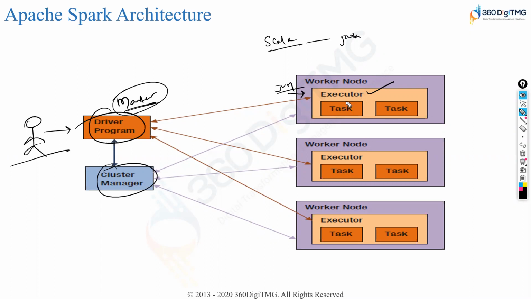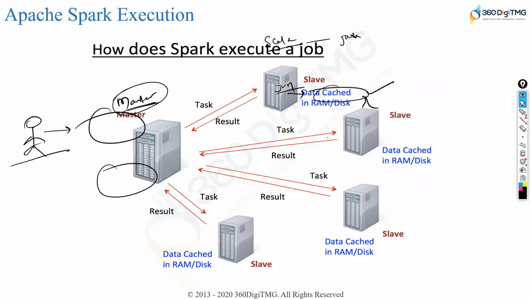For each node, there will be one executor. One executor is nothing but one JVM. And within that executor, we have multiple threads. Right? One task can be imagined as one thread here. And your worker node processes this data and shares the information back to the master. And the master accumulates the entire data and gets the result.